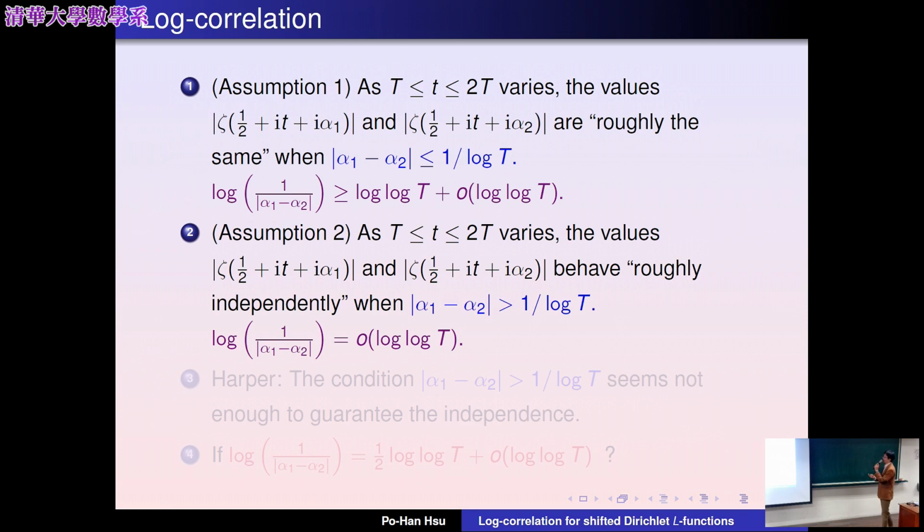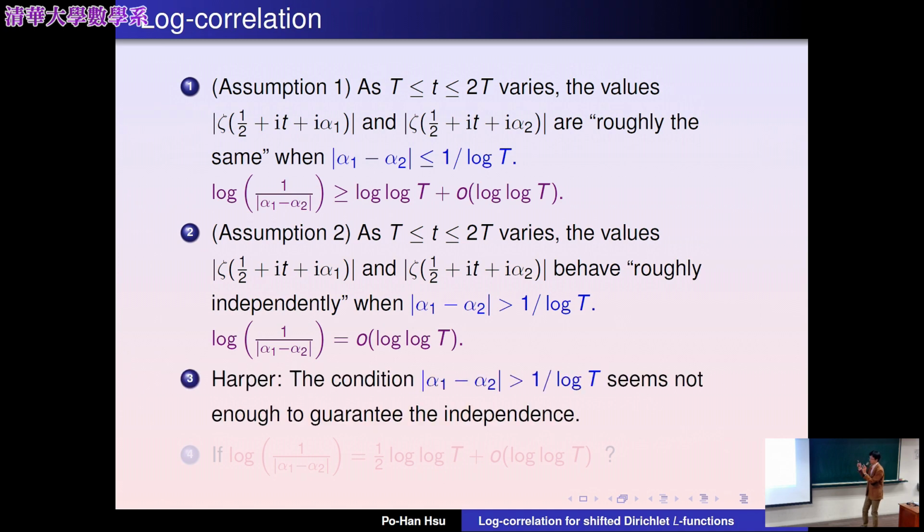Harper says roughly independent. In our notation, that means you put these two as a vector. This vector goes to a bivariate normal, and that limiting random variable, that bivariate normal, is independent. Okay. And notice that this is Harper's condition, this is our condition.